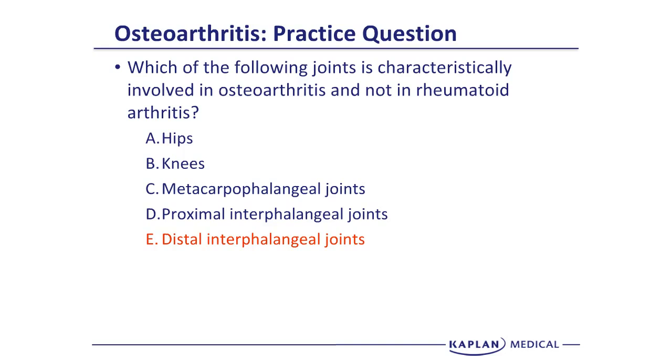Now I can change that question backwards and say, which of the following joints is characteristically involved in rheumatoid arthritis, but it is very seldom involved in osteoarthritis? And that would be the metacarpophalangeal joints. So again, osteoarthritis usually doesn't affect the metacarpophalangeal joints. Rheumatoid arthritis usually doesn't affect the distal interphalangeal joints.